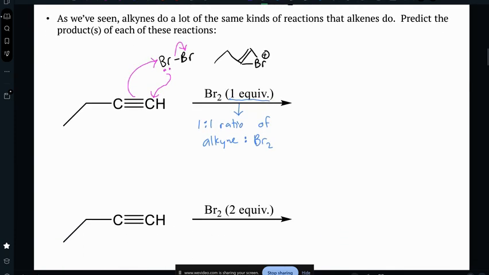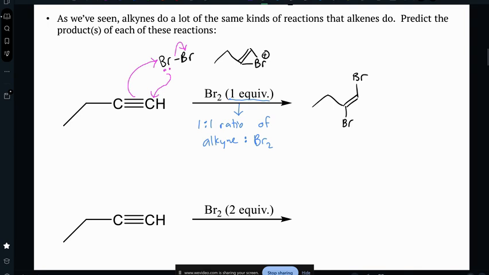And then that is going to get attacked to give me the vicinal dihalide as predicted. So this will give a vicinal dihalide with an alkene in the middle.